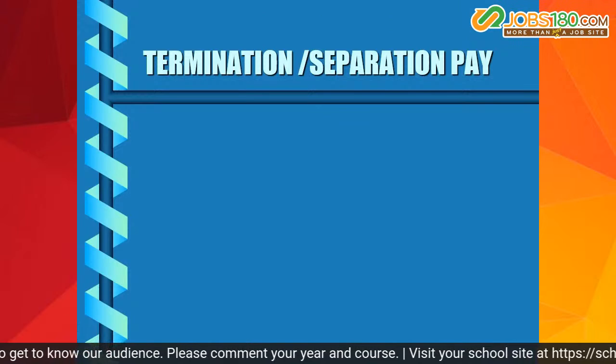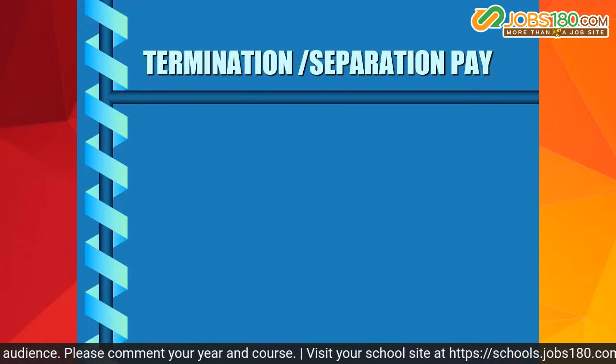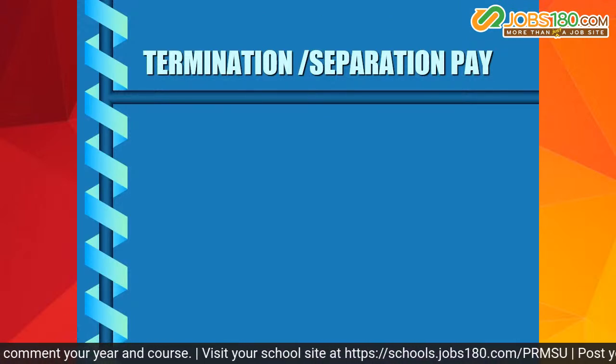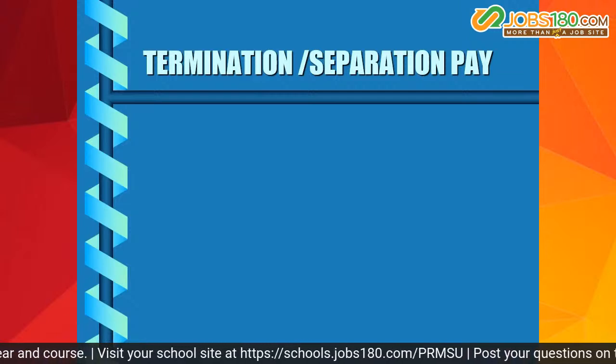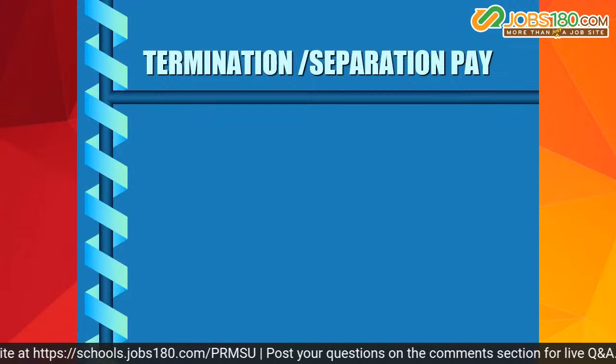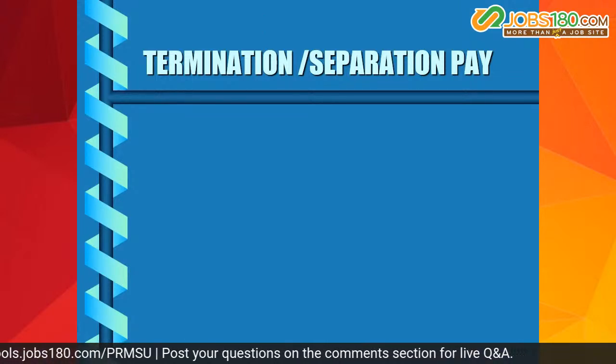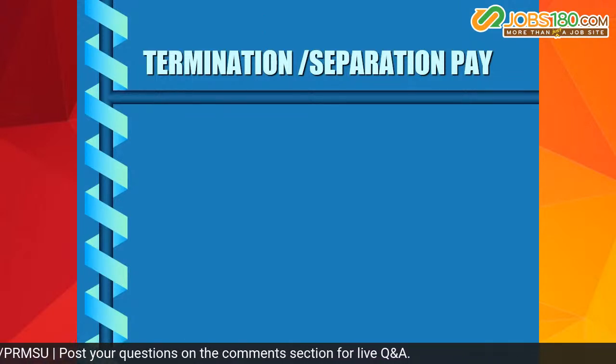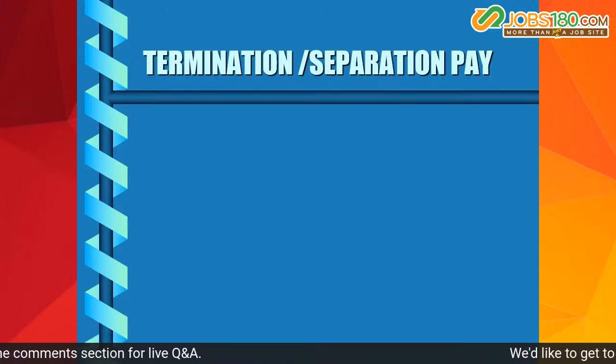An employee may be terminated for just cause and other similar causes as enumerated under Article 297 of the Labor Code, and generally may not be entitled to separation pay. On the other hand, where the termination is for authorized causes, separation pay is due.